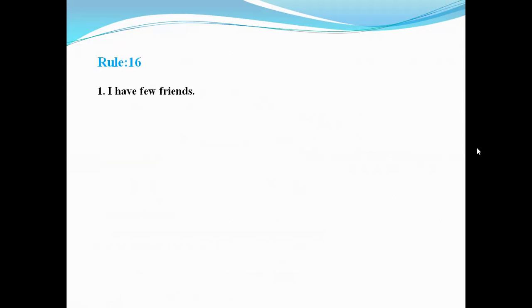Rule 16. I have few friends. If you are asked to make it negative, use "many" instead of "few". The answer will be: I have not many friends, and use "not" before "many". Rule 17. I have a little rice. Here rice is an uncountable noun, so use "not much" instead of "little".